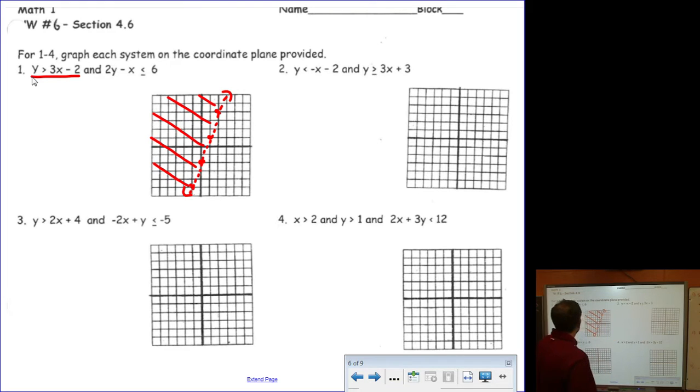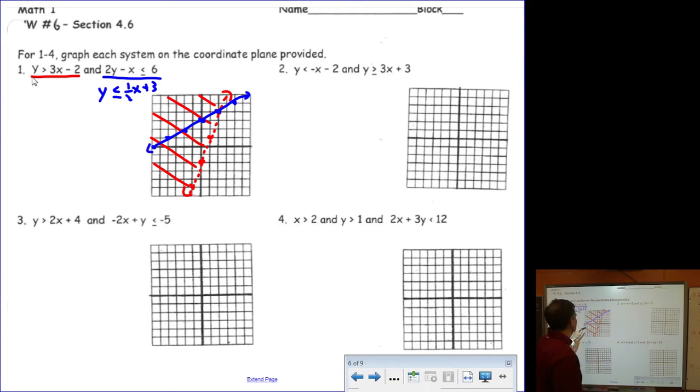The second line, if I put it in slope-intercept form, it would be y is less than or equal to 1/2 x plus 3. So it has a y-intercept of 3. It has a slope of up 1, right 2, or down and to the left. It is a solid line.